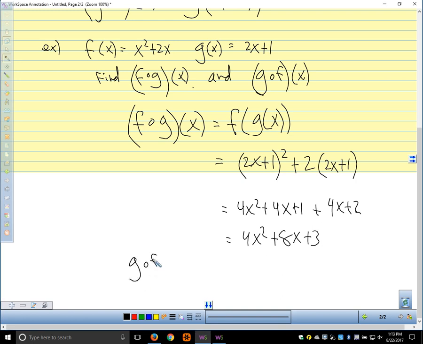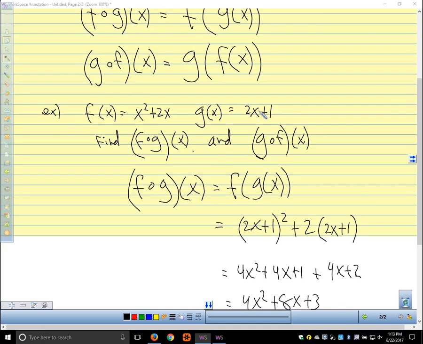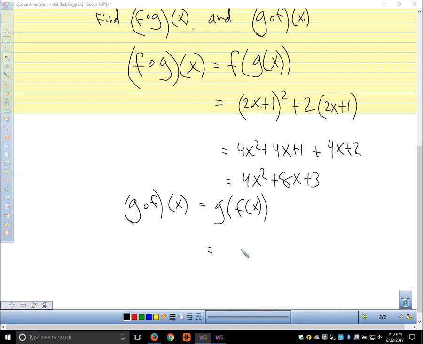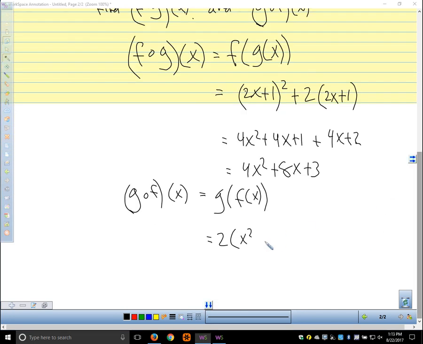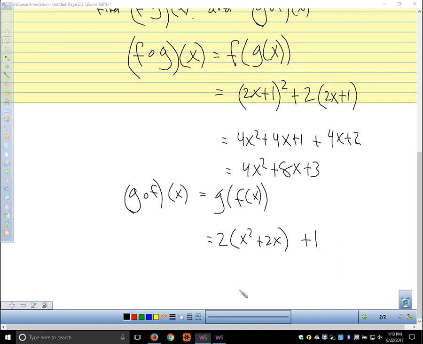All right, and g of f of x is g of f of x. Here we're going to take f and plug it in for x, plug it into g. So that's going to be 2 times x squared plus 2x, plus 1. So we get 2x squared plus 4x plus 1.